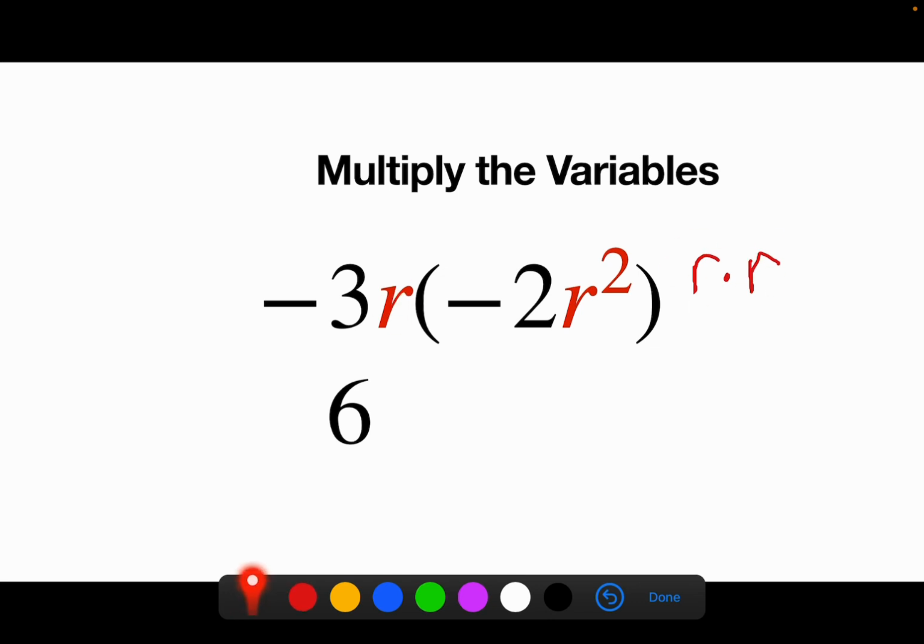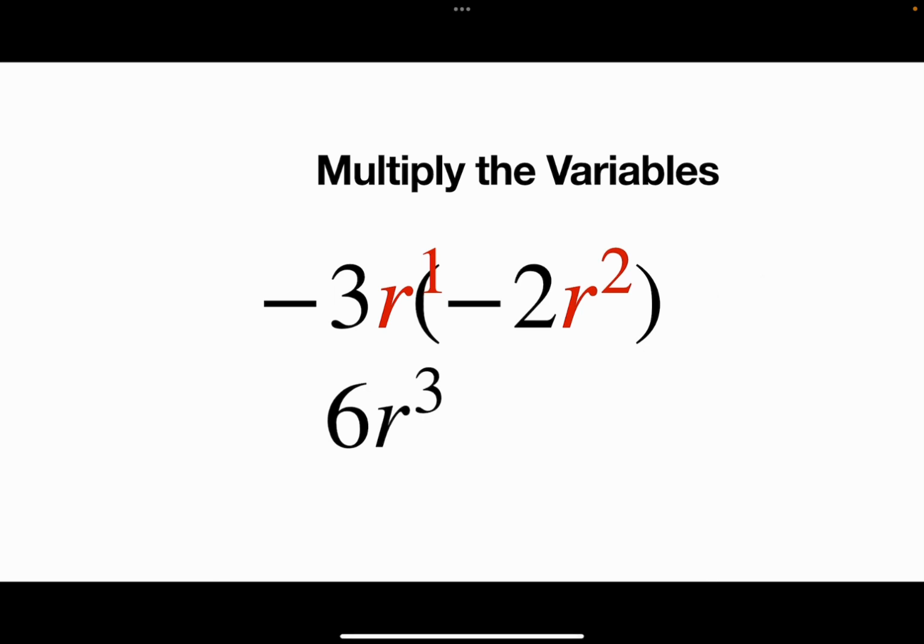What coefficient does this one have? It has an invisible 1, which just means we are multiplying 1r. So if we're multiplying 1r, and two r's, then together that means we are multiplying 3 r's, so r to the third power.